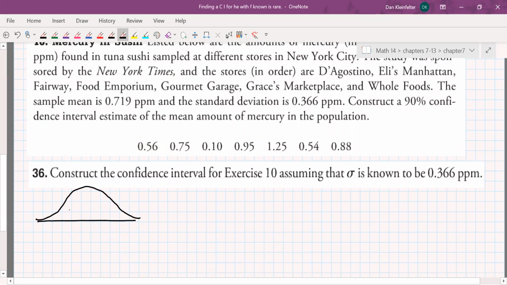We're going to get a 90% confidence interval. That means that we have 10% of the data in the two tails, or 5% of the data in each tail, or 95% of the data is to the left of that cutoff on the right. And that 0.95 is 1.645.